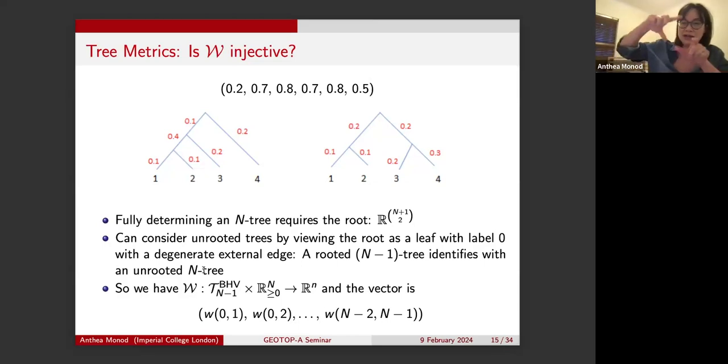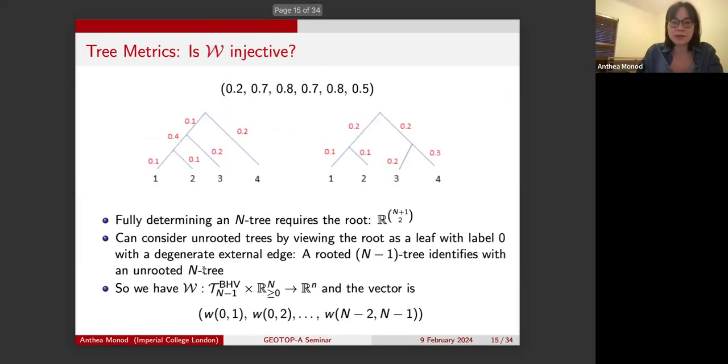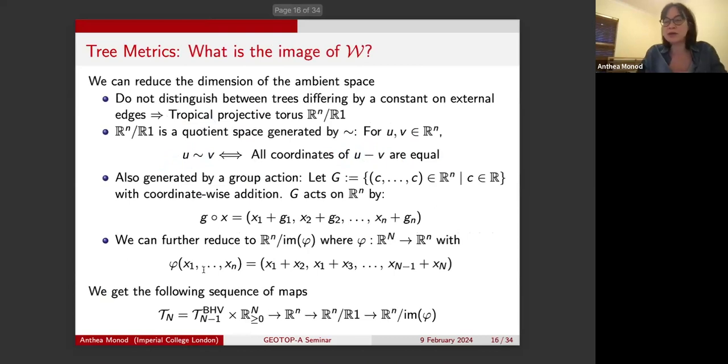So the idea is that you have your tree, and then you add another leaf going out, with label 0, but shrink it down to the root, and this gives you a rooted tree. So you can go back and forth between rooted and unrooted trees. Okay, so now we have an injective map. Now the question is, what is the image of this map W?